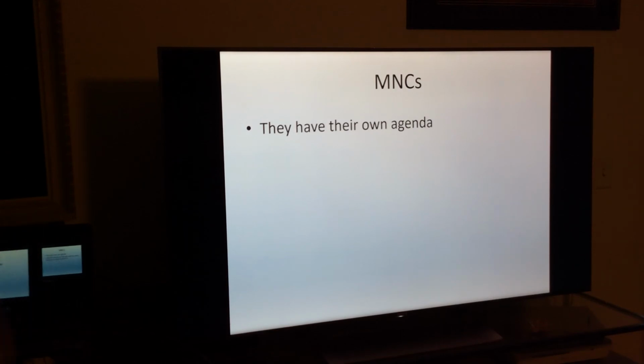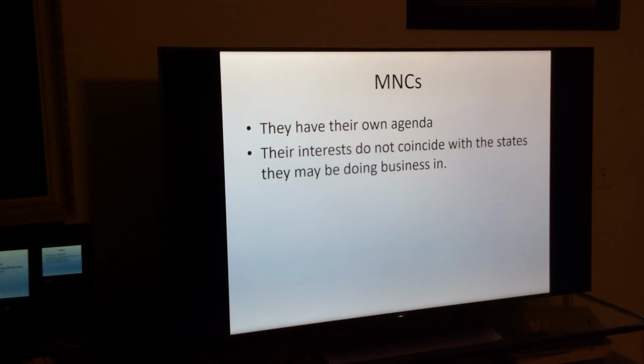They push for what they want, and they have money, and they're able to push politicians to do what they would want. Their interests do not coincide with the states they may be doing business with. Their goal is to maximize profit, just like any corporation. That's the job of a corporation, to make money.